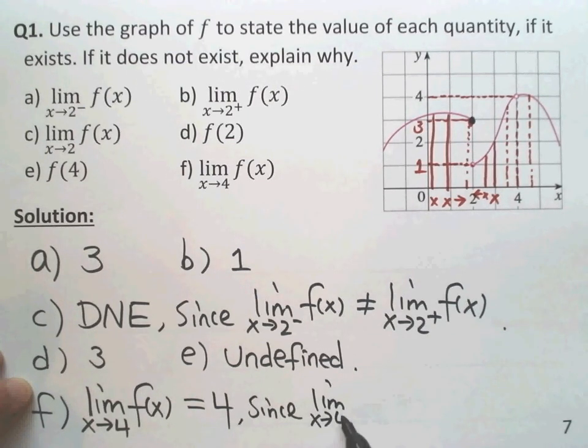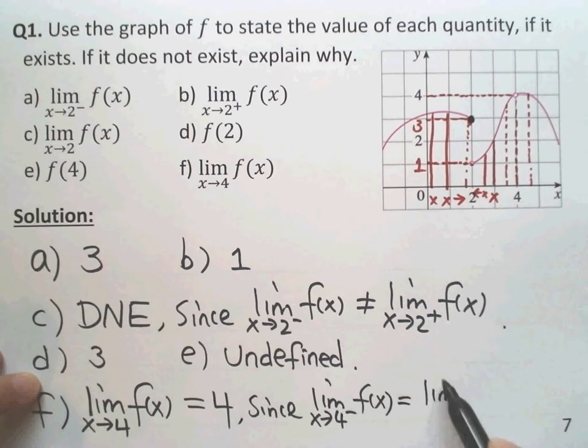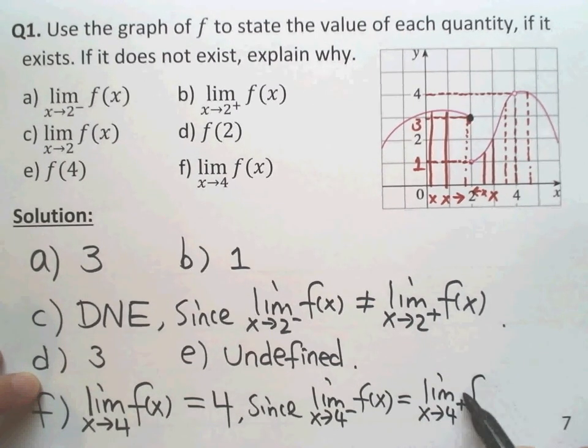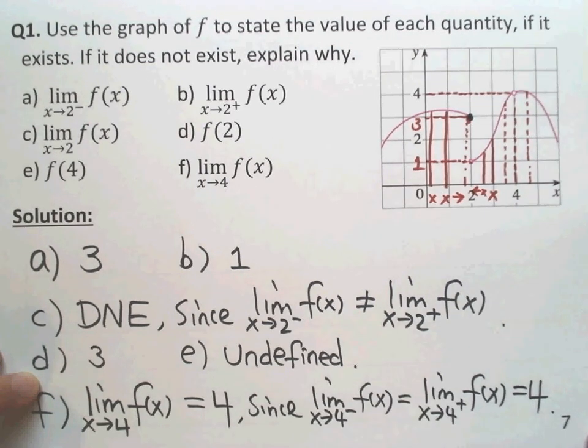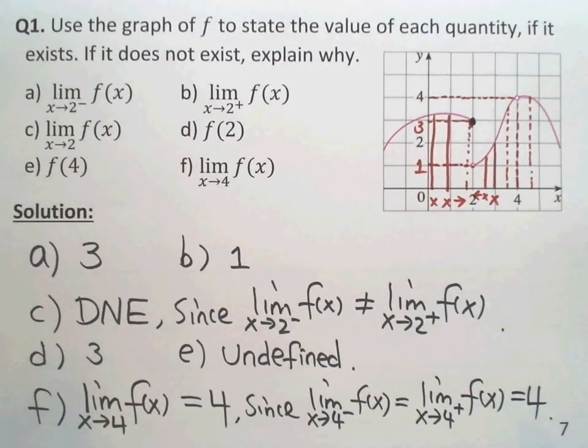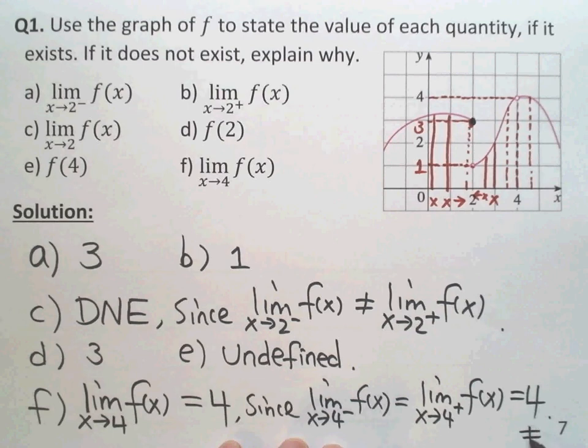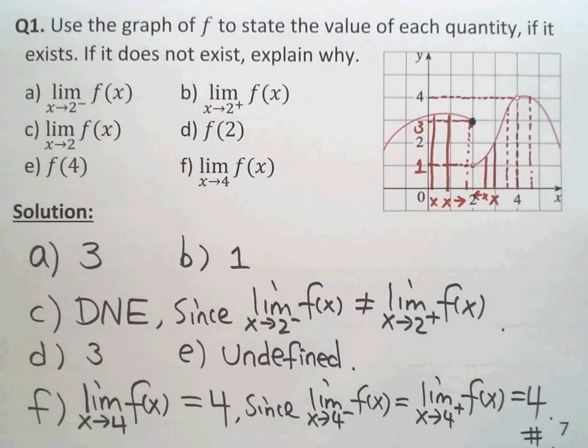Since the left-handed limit of f(x) equals the right-handed limit, which equals 4, therefore we know the left-handed limit equals the right-handed limit, so the limit equals 4. So that's all. Thank you.